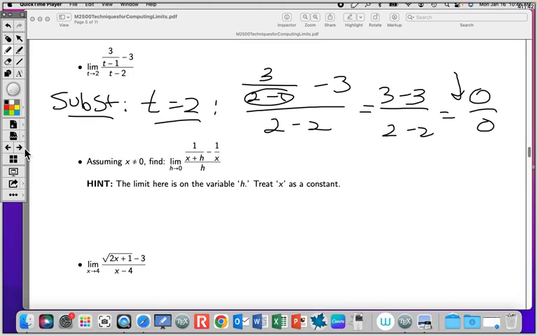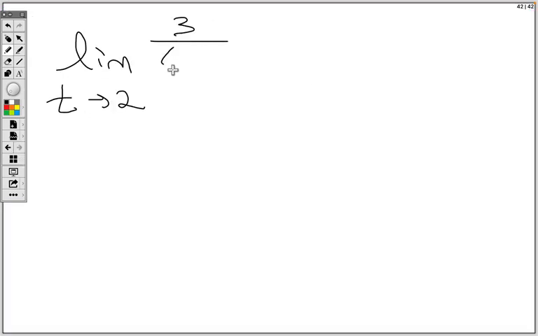Limit as t goes to 2 of 3 divided by t minus 1 minus 3, all over t minus 2. And one of the strategies we have in addition to factoring and canceling is simplifying the complex fraction and then factoring and canceling.